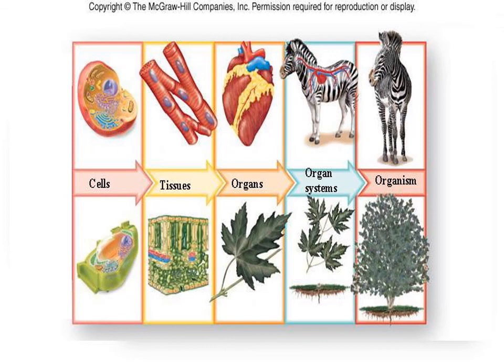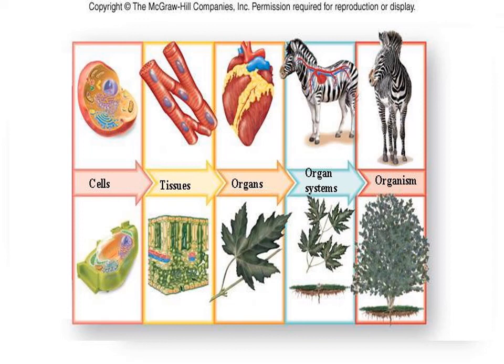This slide goes along with the first characteristic of living things, which is organization. So this shows you the organization of a multicellular organism, which humans and many animals are multicelled organisms, or all animals rather. So you start with a single cell, and the cells then clump together to make tissues.